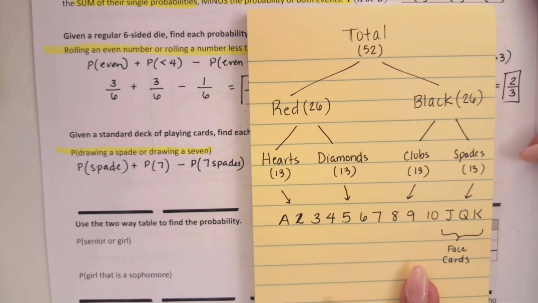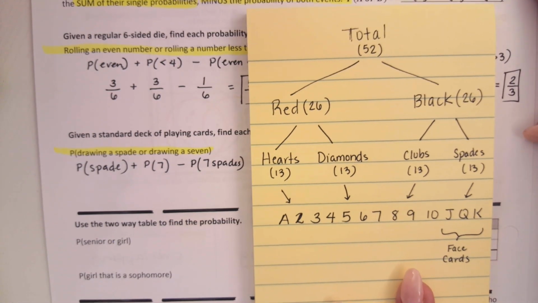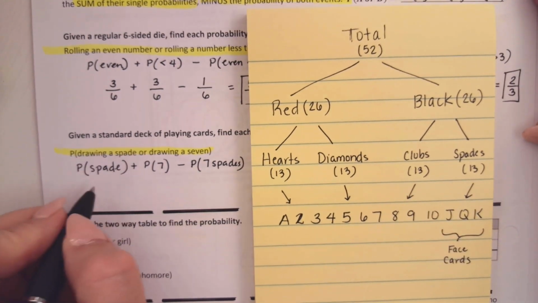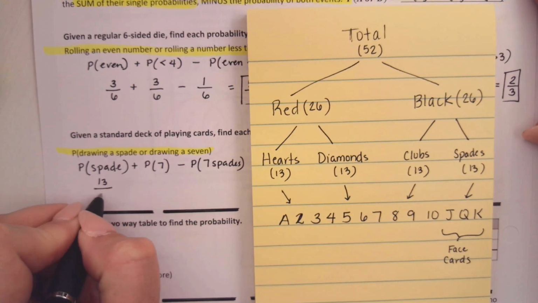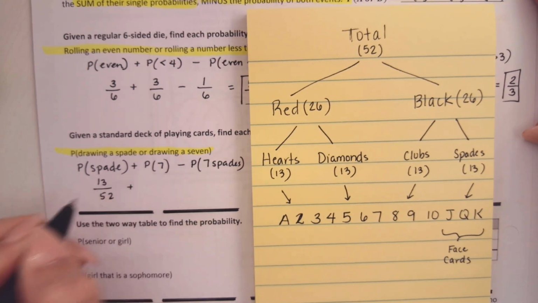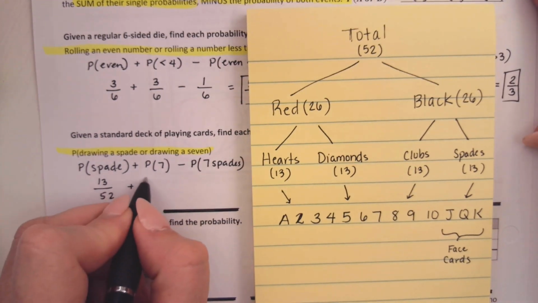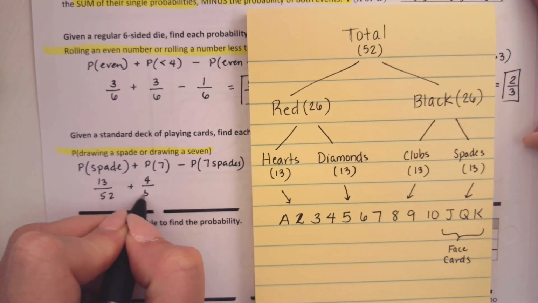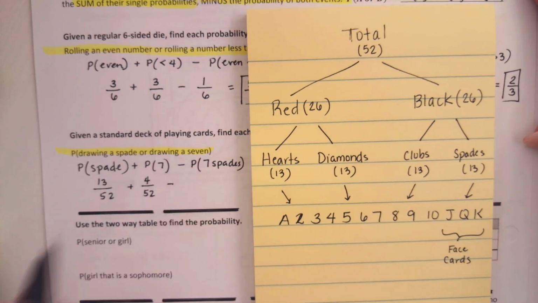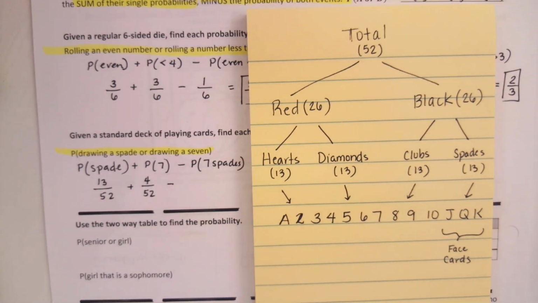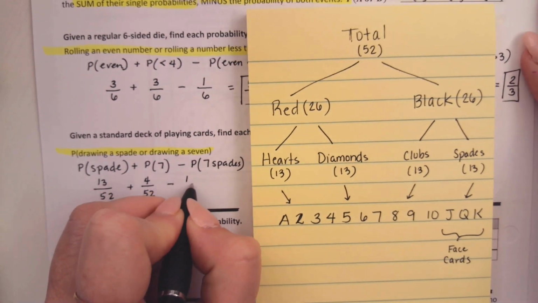Okay, how many spades are there? 4. There's not 4 spades. There's 13 spades. It's a whole suit. 13 out of 52. How many 7s are there? 4. There's 4, 1 for each of these, right? And then how many 7 of spades are there? 1. 1 7 of spades.